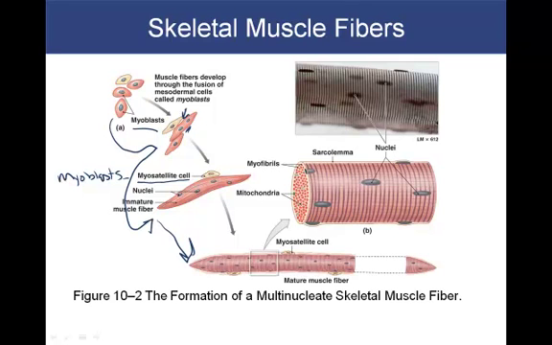And this is where contraction occurs, and this is something we'll look at a little bit later. But again, we need to note that these mature muscle fibers can be tremendously long. They can be inches long. If you consider some of the very long muscles in the thigh, these muscle fibers can run the length from tendon to tendon. So they can be upwards of 12 inches long.